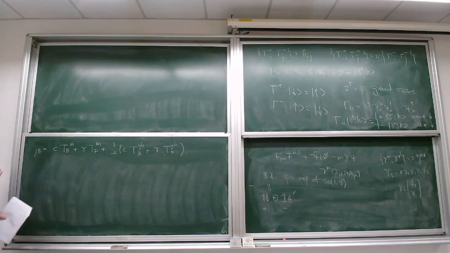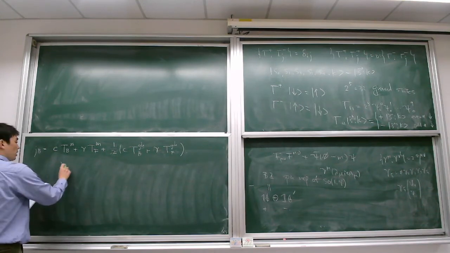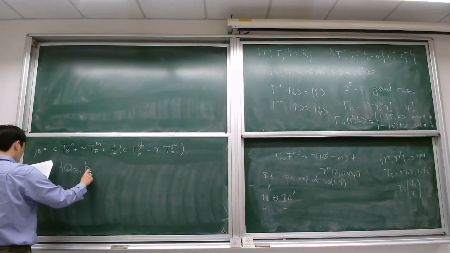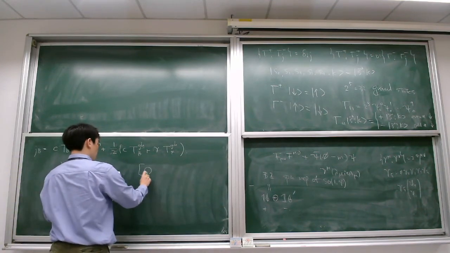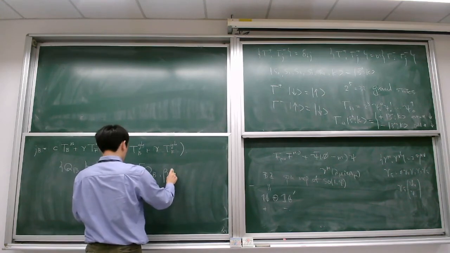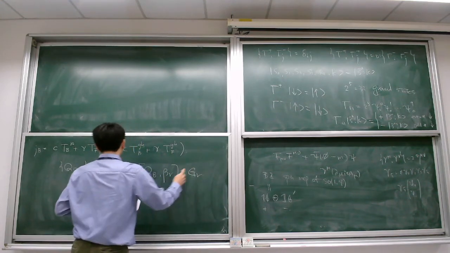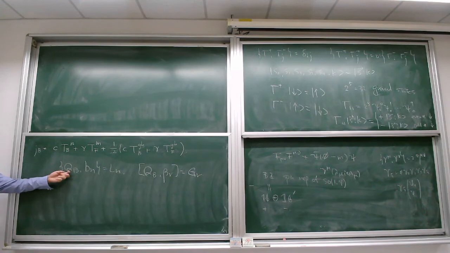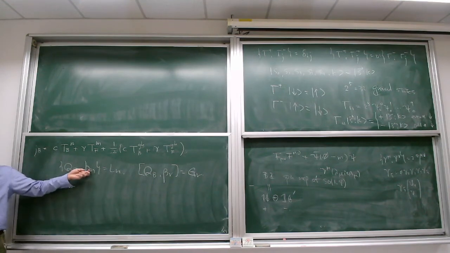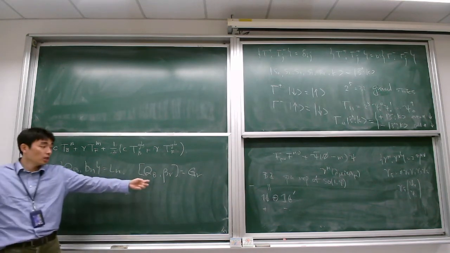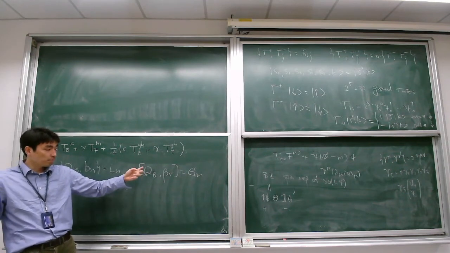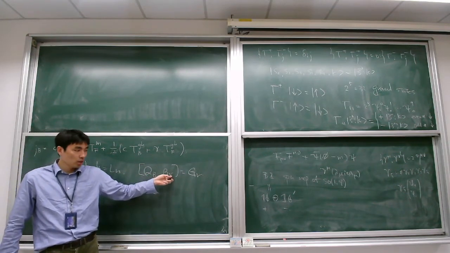The reason why you get this is always a generic feature of BRST. BRST is Q_B, and if you take the commutator, you get the L_n. If you take the BRST transformation of this ghost field, you always get the stress tensor and the BRST generator. The same thing here: if you take the commutator between the BRST charge and the beta ghost, you get the supercharge.